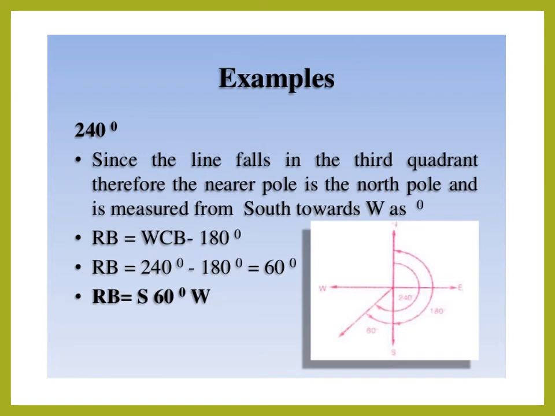Okay, so it is southwest quadrant. Then if it is located in the third quadrant, we have to subtract 180 degree. That is our rule, that is WCB minus 180 degree. That is 240 degree minus 180 degree, you will be getting 60 degree. So our reduced bearing will be south 60 degree west.